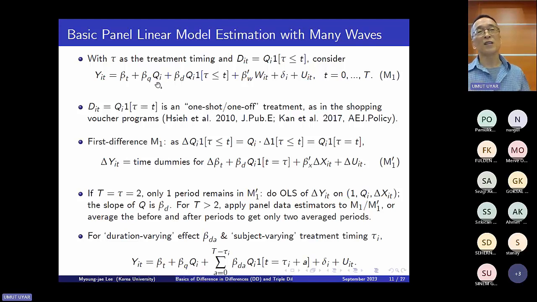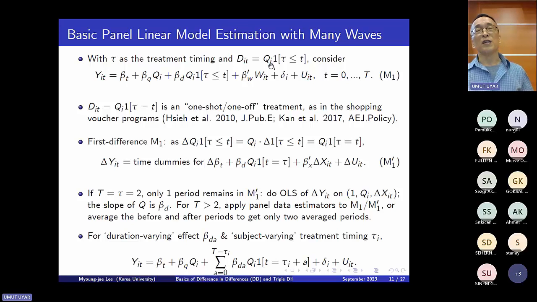A group effect is to capture a systematic difference between treatment and control group. Okay, so this will do the job. And this part is the treatment effect part, because treatment is defined this way.